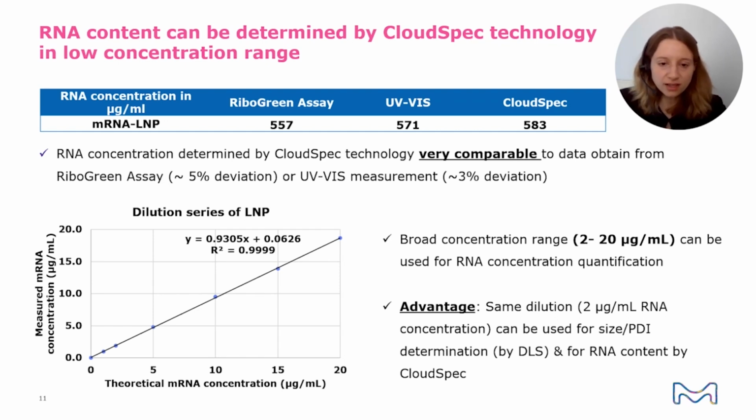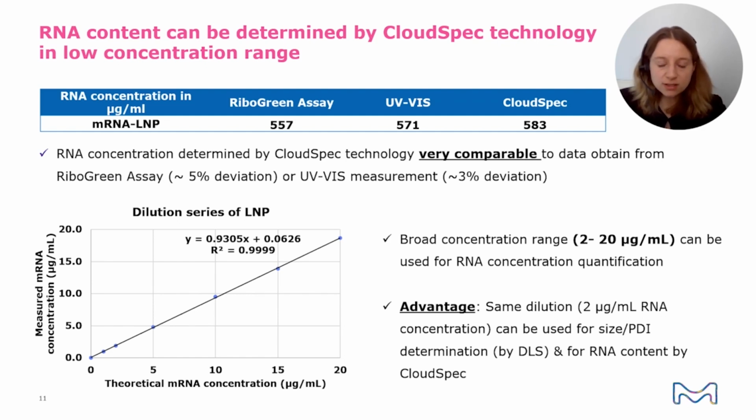We then further did a serial dilution of the LNPs at different concentrations, going from a very low concentration of 2 microgram per milliliter to a higher 20 microgram per milliliter. As you can see in the plot, we have a very nice linear regression curve. So you can even determine the RNA content at the very low range of 2 microgram per milliliter.